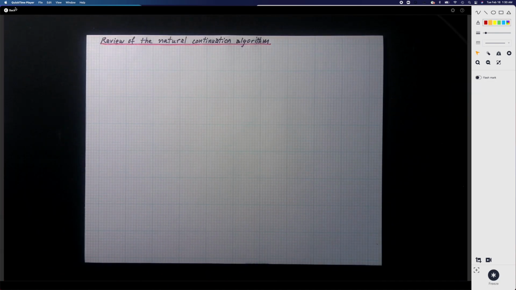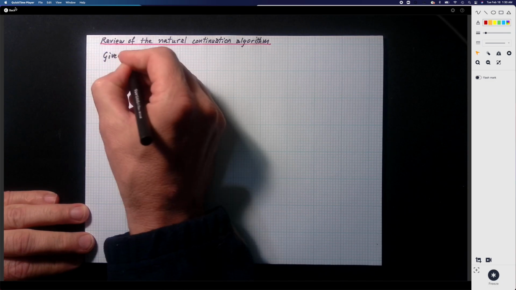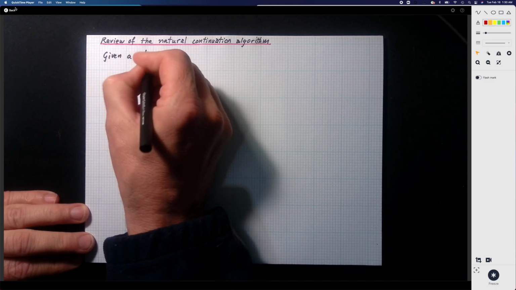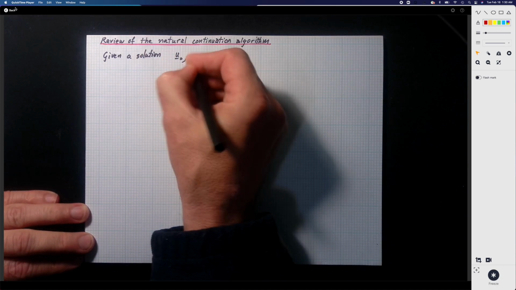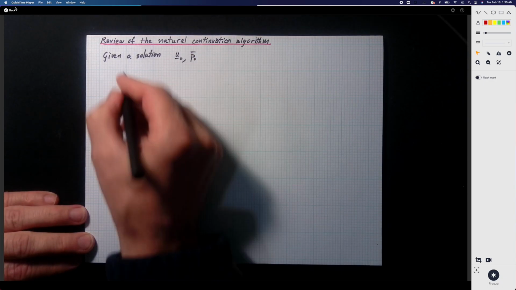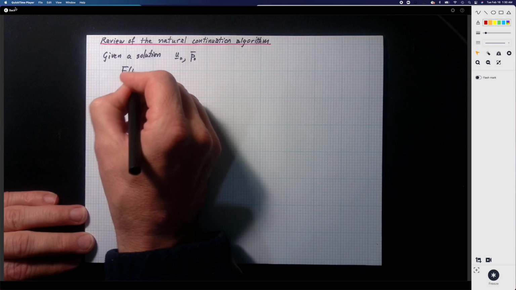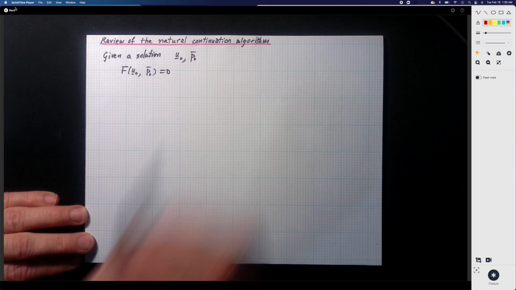So we're given a solution branch, so we're given a solution U naught, P bar naught, and by a solution we mean that f of U naught, P bar naught is equal to 0.